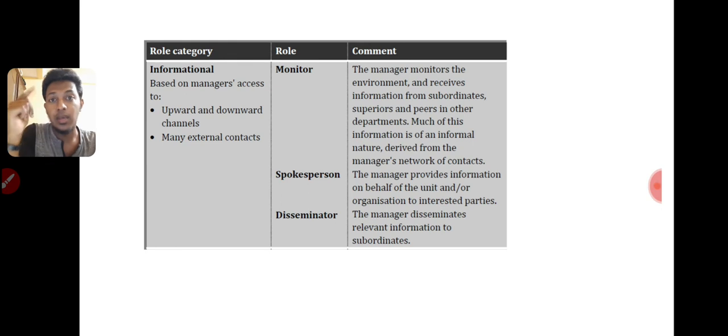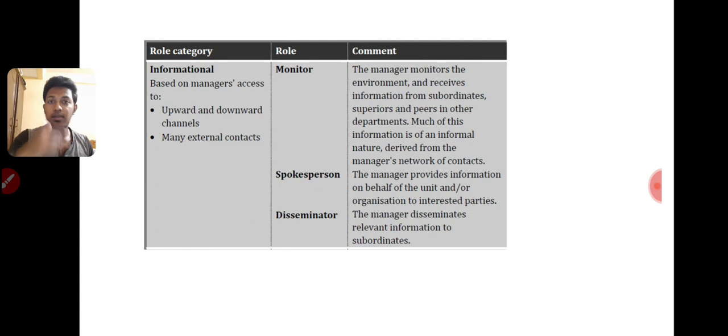Motivation and communicating. Keep in mind, Fayol's management principles have the drawback of no motivation and no communication. Motivation was given by Peter Drucker.